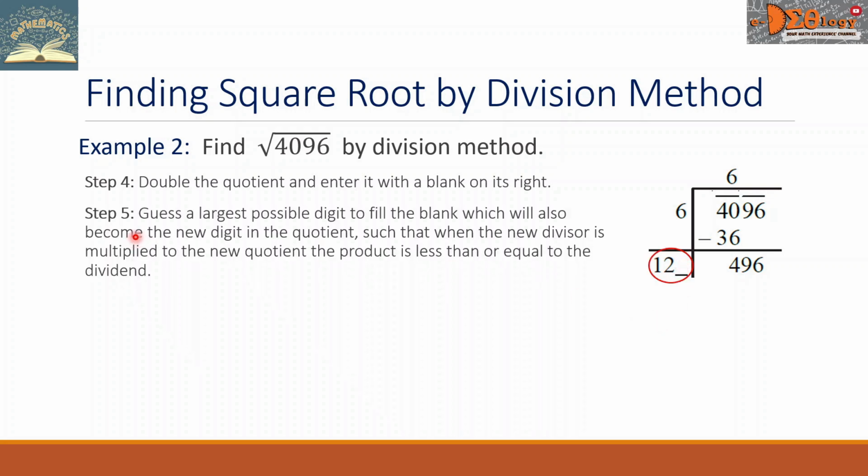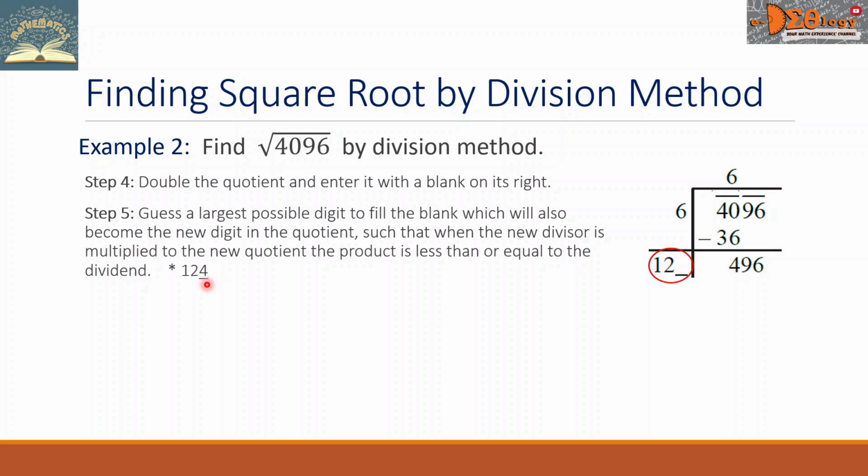Step 5. We guess the largest possible digit to fill the blank, which will also become the new digit in the quotient, such that when the new divisor is multiplied by the new quotient, the product is less than or equal to the dividend. So let's say for this 12, the next digit is 4.